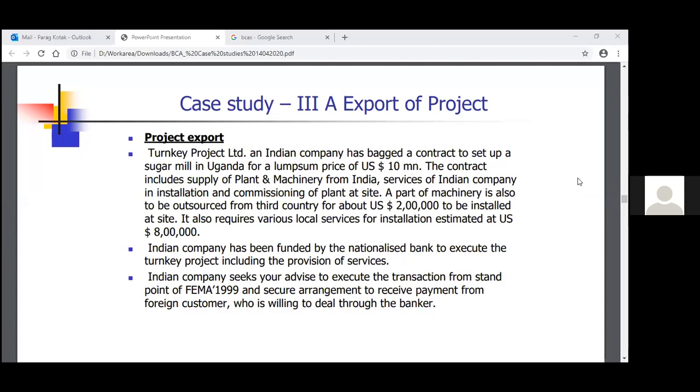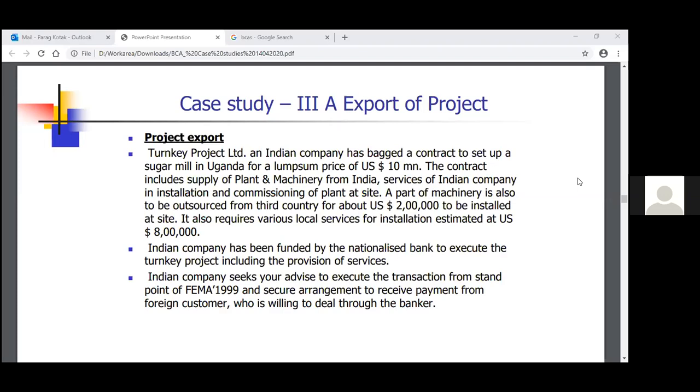If the full value of the export is required to be remitted, then the period of remittance is the same which the Indian company is obliged to follow. So the branch can do only what the Indian company can do. If the Indian company cannot borrow, the branch also cannot borrow. So in such cases, for project exports of this nature, the branch outside India provision also cannot help you.